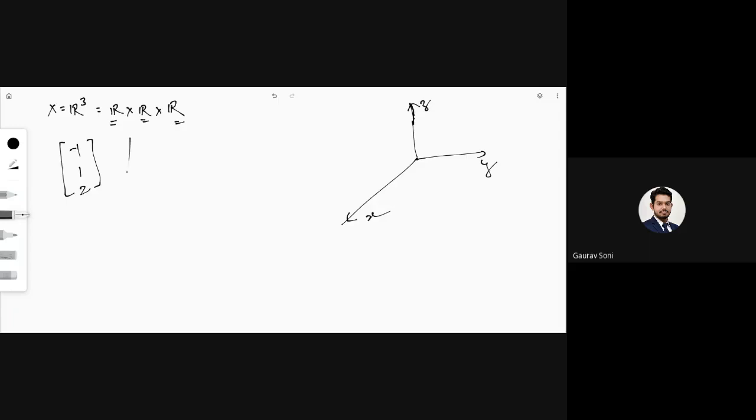A vector in this space can also be written as, say, (2, 3, -1). These two vectors are three-dimensional vectors because they belong to three-dimensional space. And this space R3 is simply three-dimensional space.